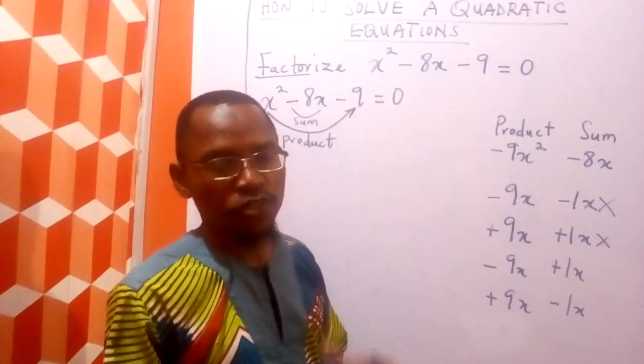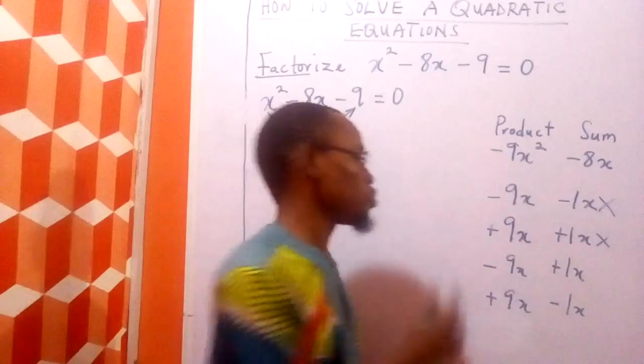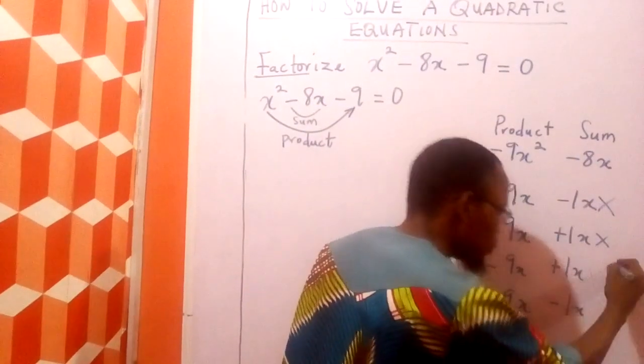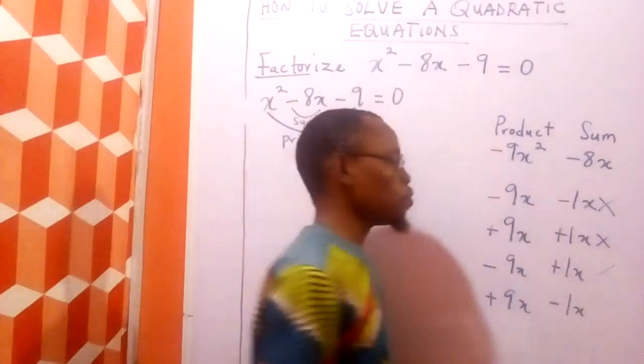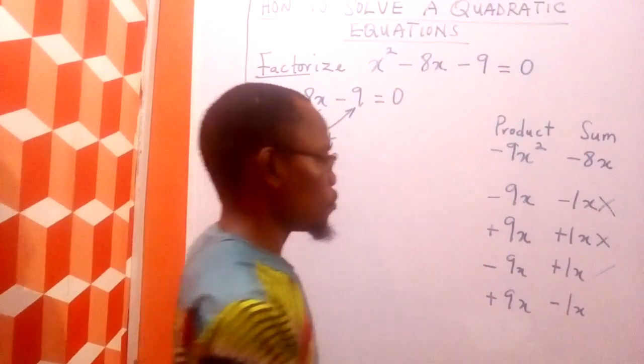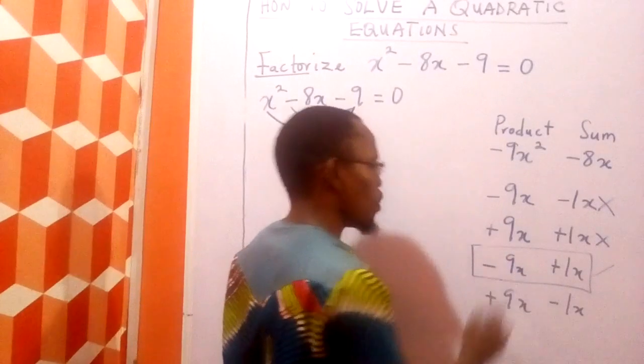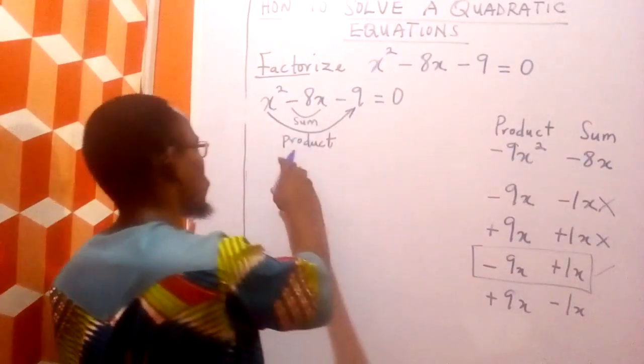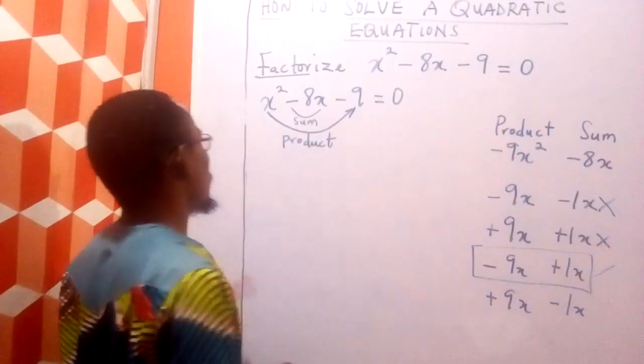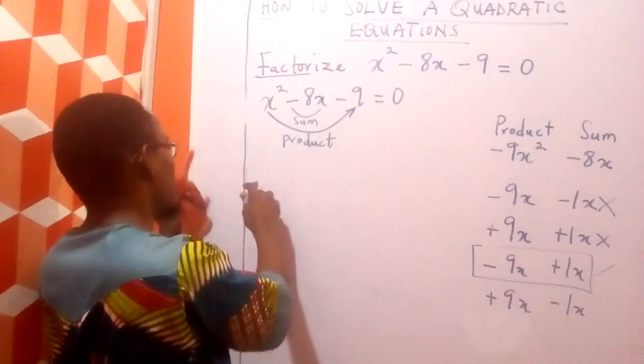It will be giving us minus 8x. So this third one is what we will be making use of. So we now go back to our equation and write it out.